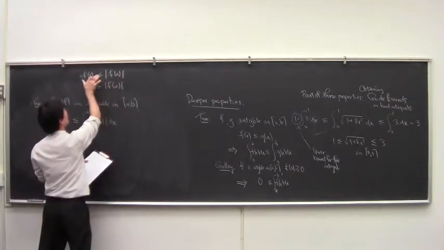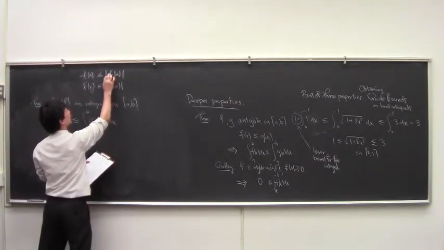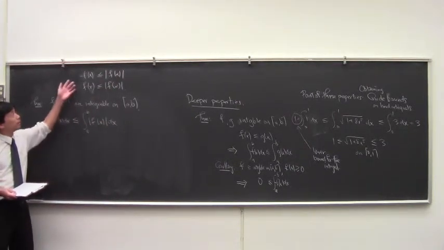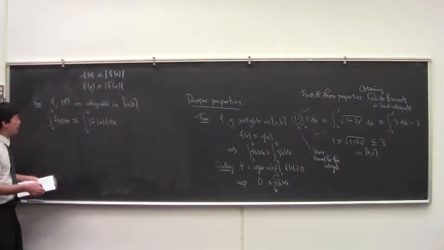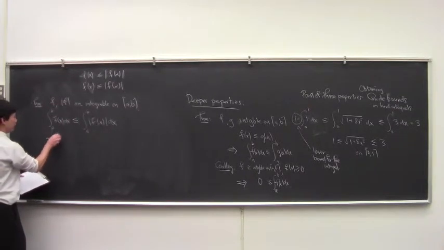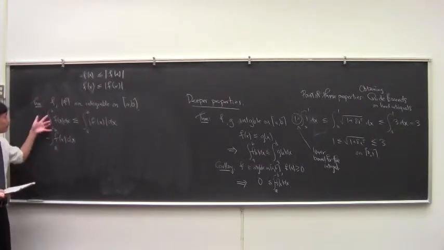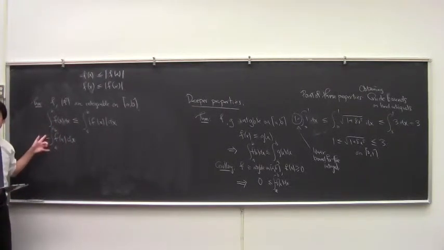So if I take the absolute value of negative f, that's the same as the absolute value of f. So I actually also know that this is not only bigger than this guy, it's also bigger than this guy.